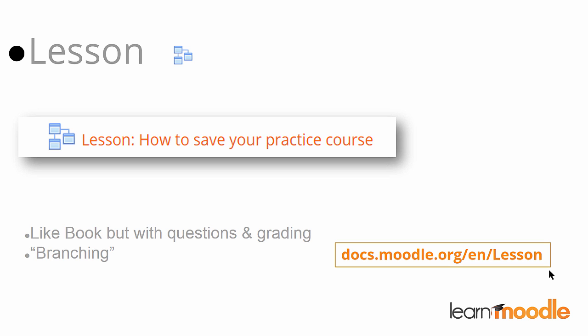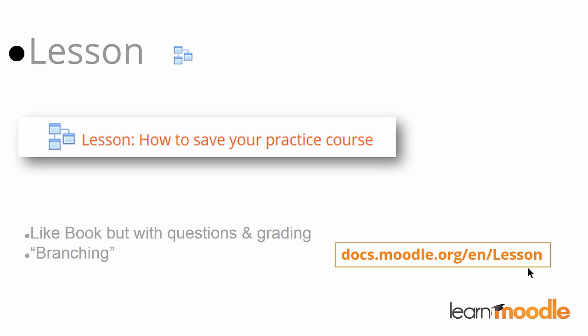The second advanced activity is a lesson, and we have an example of this in week 4, where you learn how to save your practice course to take it away with you to add to different Moodle sites. Lesson has similarities with the book in that participants move from different pages, but you can also add questions to lesson, and you can grade it.